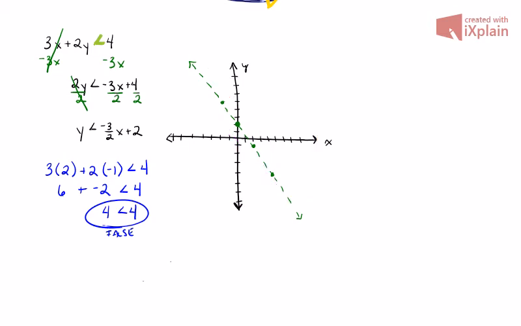So what we would go ahead and do is, I would suggest pick an easy point as your tester. So maybe in my case, I'm going to say, well, the origin seems to be free, so I'm going to work with that. It's just zeros.